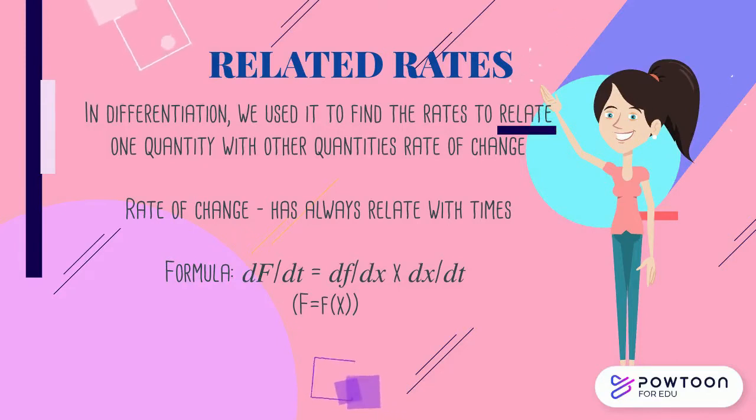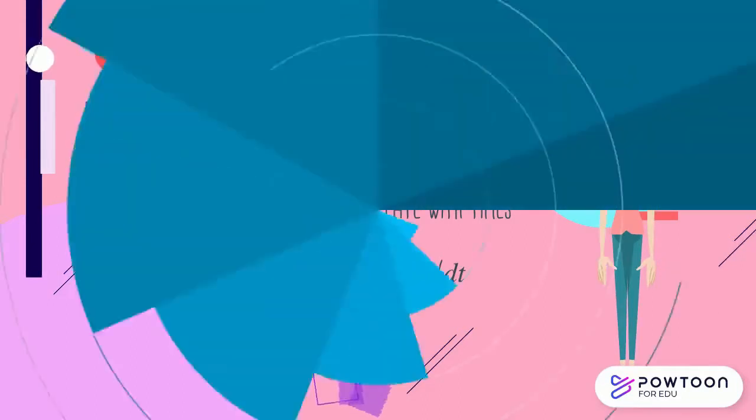So in this formula, we use the differentiation method. We separate the formula. First, we need to differentiate the function. Then we need to differentiate the time. After finding both answers, we need to put them back in the formula of related rates, which is df over dx times dx over dt.